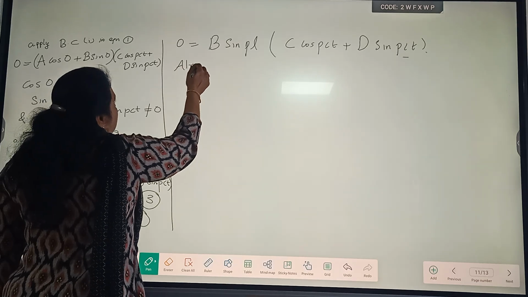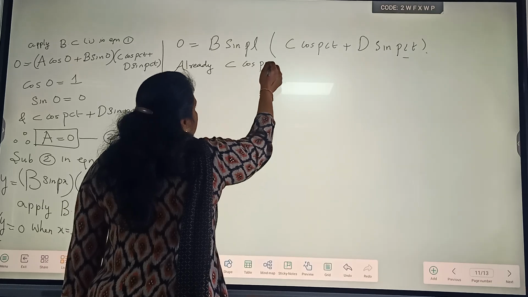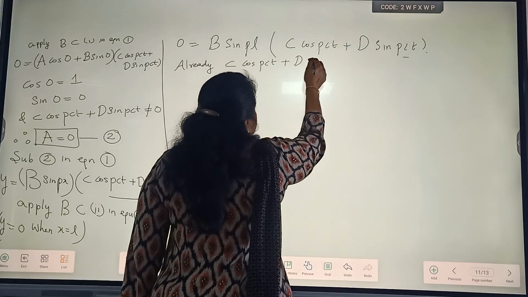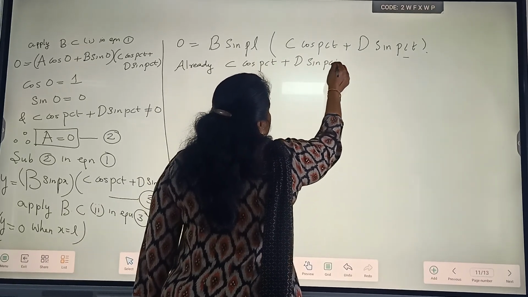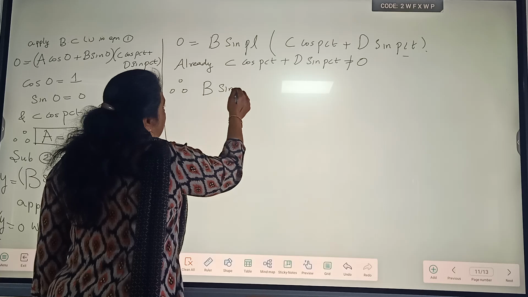Already you know that C cos pct plus D sin pct is non-zero. Therefore B sin pL equal to 0.